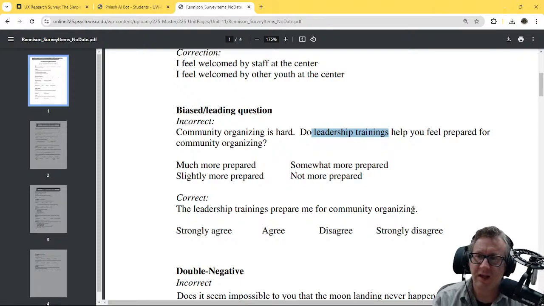The leadership trainings prepare me for community organizing, right? So this helps, think about, do the leadership trainings prepare me for community organizing?